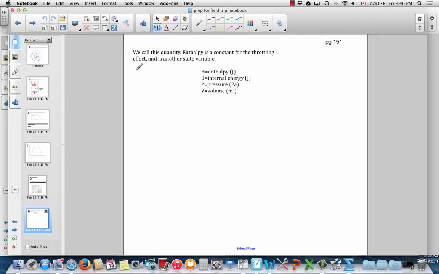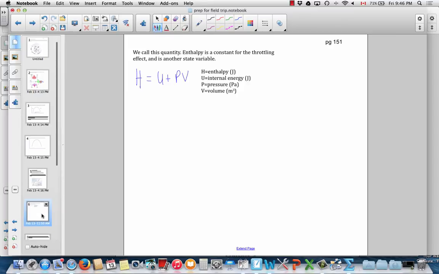So enthalpy H is defined as the sum of the internal energy plus pressure times volume. Now the reason this is useful is the following.